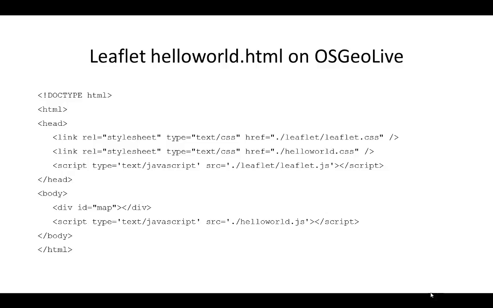So the browser reads the div, then it reads the script, runs the script, and the div element exists, and it can work. If I had this script tag up here, then it would try and run the script before the div tag exists, and it would fall over.